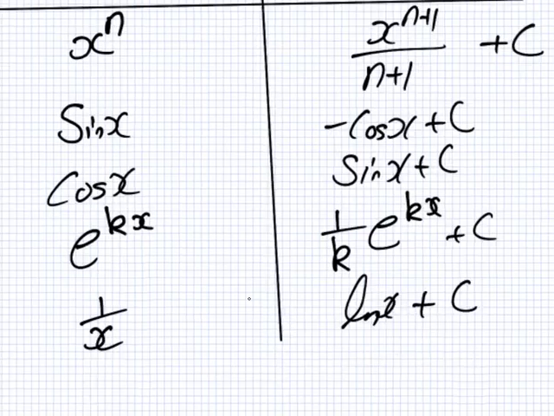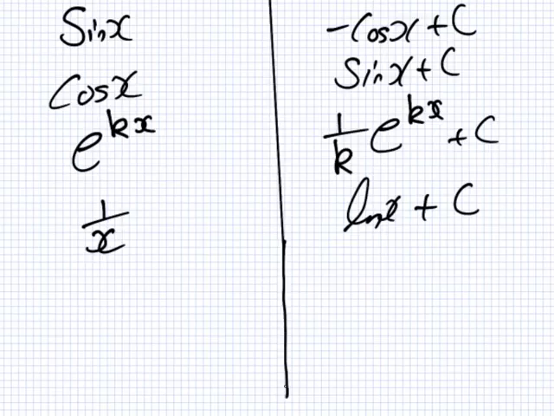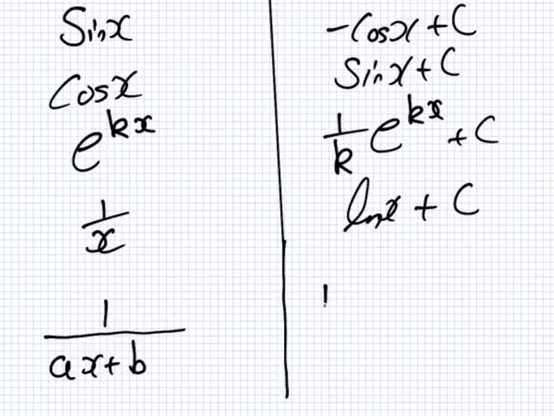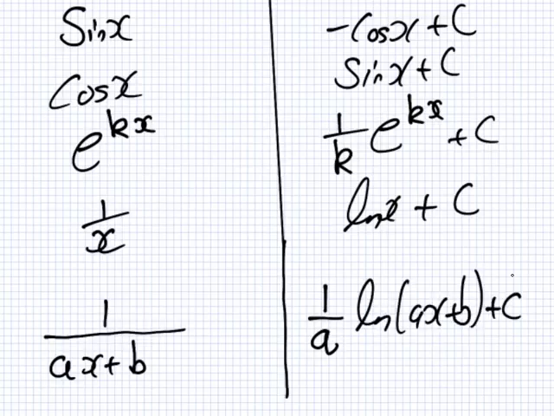We don't have tan for this, I don't think. I think that's only semester 2. Let me have a look at my questions. Yeah, that's only in semester 2. And the last one: 1 over (ax plus b). That would be 1 over a log(ax plus b) plus c.